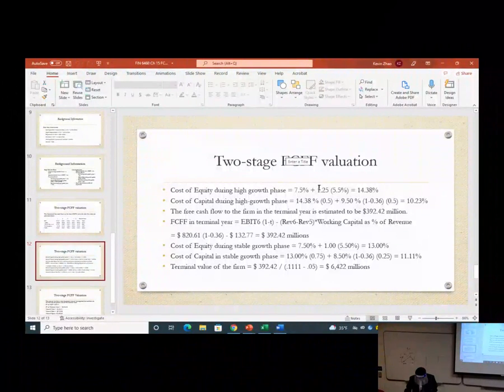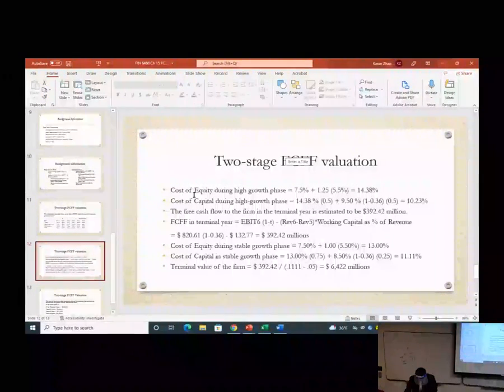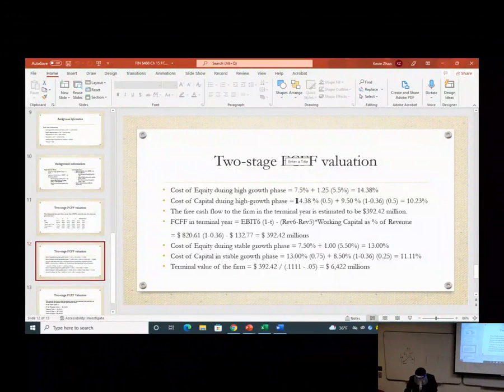Now you see cost of equity, cost of capital, right? And then the free cash flow in the terminal year. You calculate the free cash flow in the terminal year, and then calculate the future value of the terminal value, and then discount it. Terminal value is $6.4 billion.